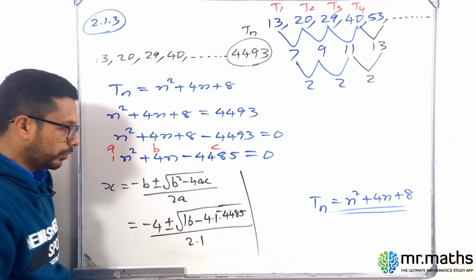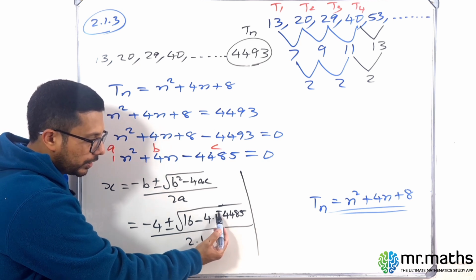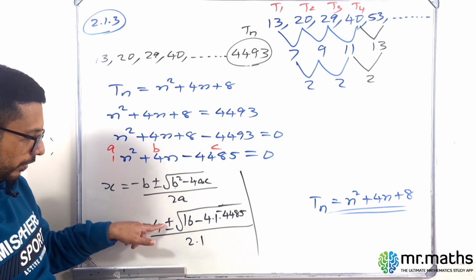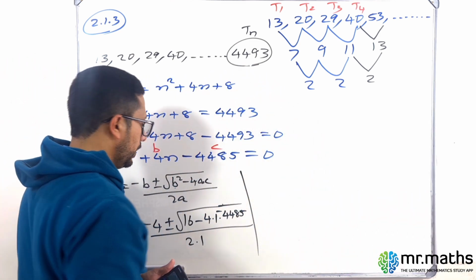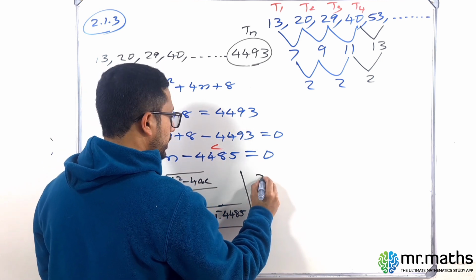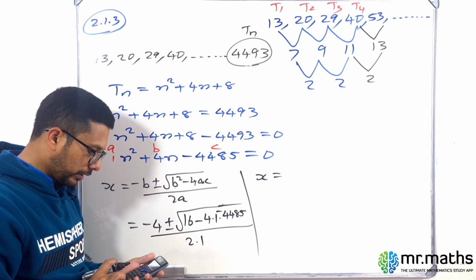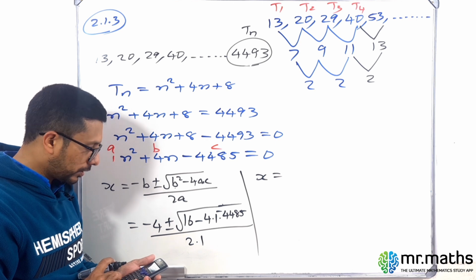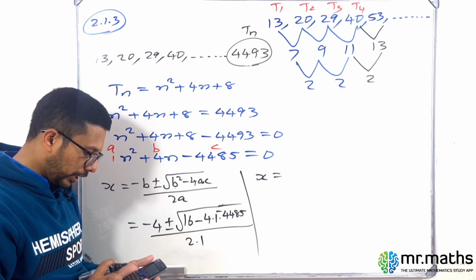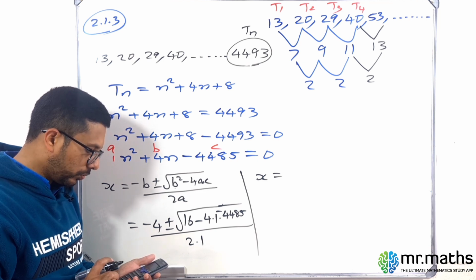So check in your calculator quickly. Look at this one, this minus and this minus is going to be plus, since minus times minus is plus. So first we can check with the plus answer. You can also check in your calculator, guys: minus 4 plus the square root of 16 plus bracket 4 times 1 times 4485 bracket close, divided by 2.